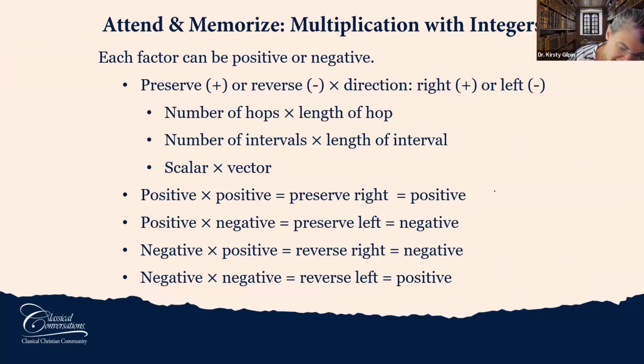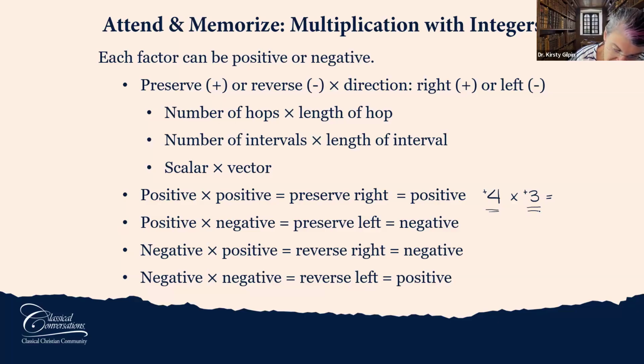Okay. So let's say I had 4 times 3. And I would say, okay, well, there's my positive signs. We don't always write them, but for a beginning student, I would probably go ahead and make a little note that there's a positive there. And I would say, okay, I want 4, and it's going to be in the same direction. I'm going to preserve my direction.